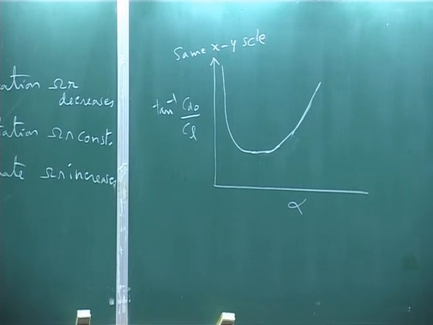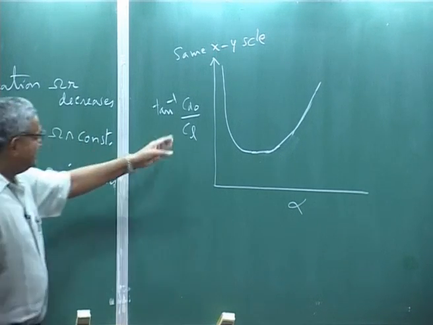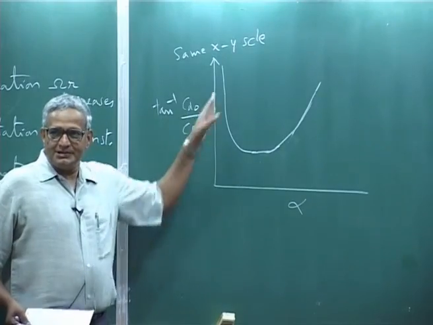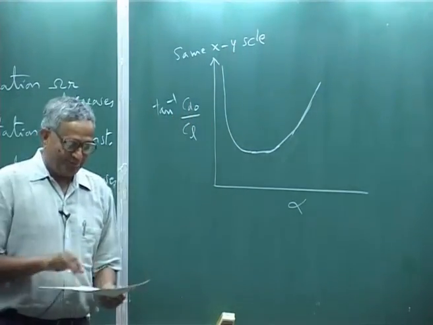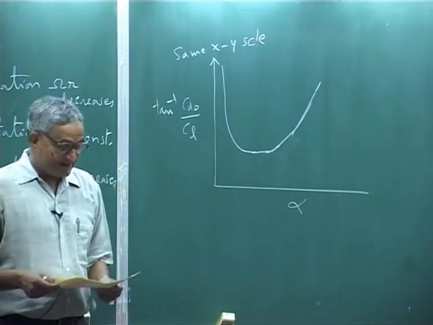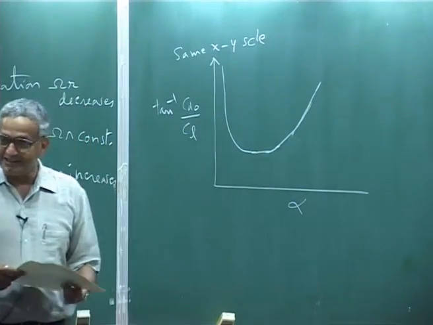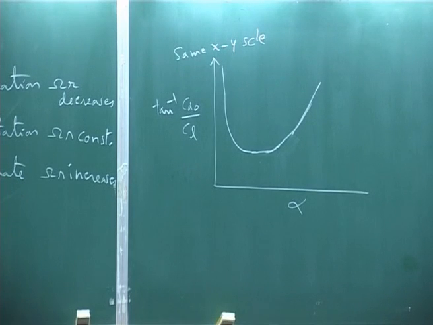You follow what I am saying, because you take any airfoil, you know the drag value, change the angle of attack and then plot tan inverse CD naught over CL like this. This curve is very important for practice. Now what is my angle of attack?